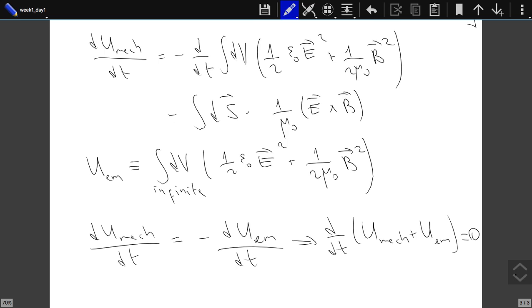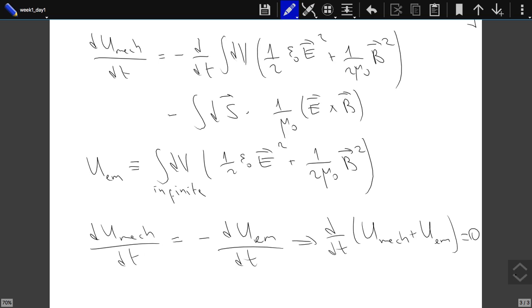So the total energy need not be conserved in that case. It won't be conserved because since I'm considering the energy within this volume, maybe some of the energy is going out of that volume. So the total energy inside is not constant in time. It will be changing because it will be flowing through the surface of this volume.